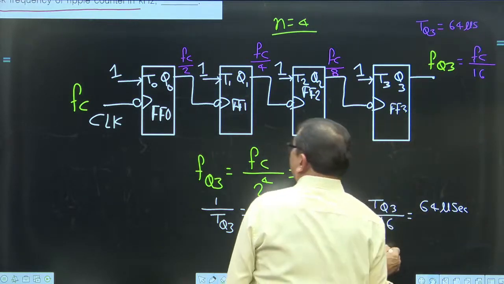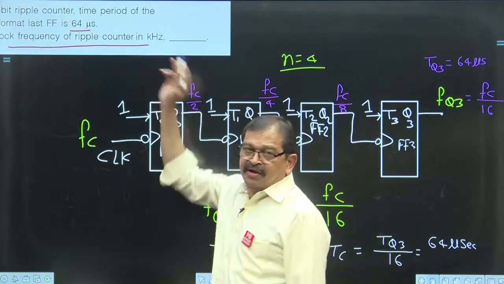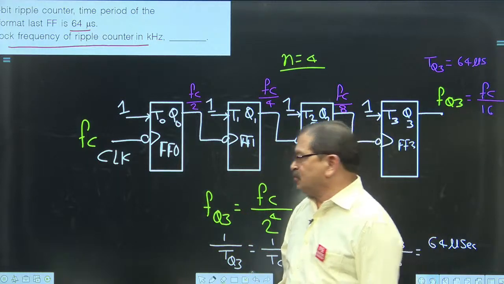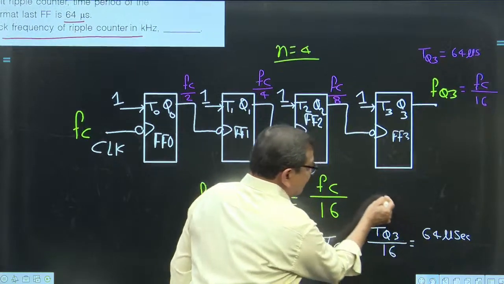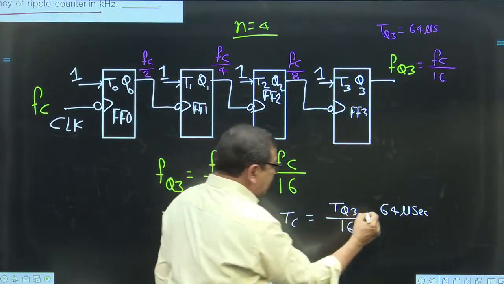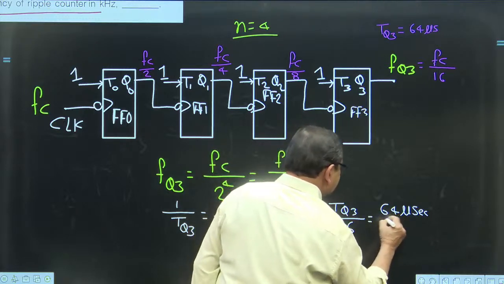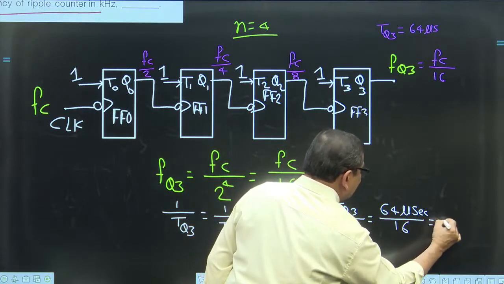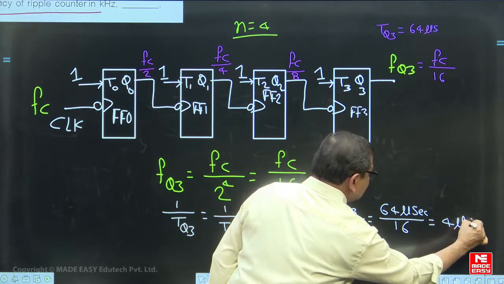It is the given data in the question. So 64 microseconds divided by 16 gives 4 microseconds.